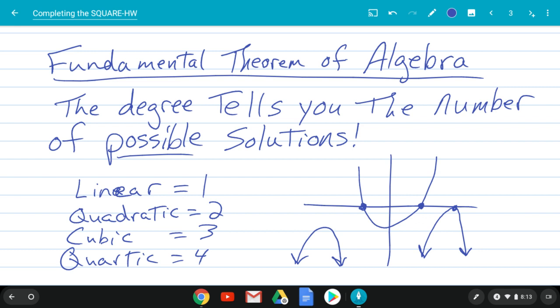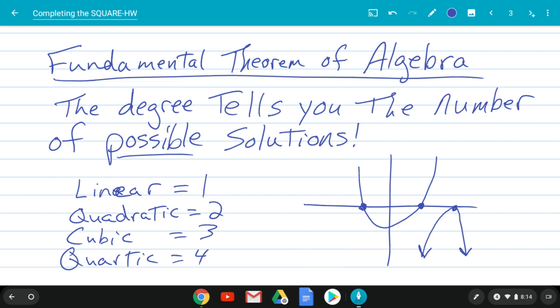Hey, so what you're telling me is that the solution, no matter what kind of equation I'm given, the solutions, in air quotes, are where the graph crosses the x-axis? Yes, always. That's why they're always called solutions or zeros or roots or x-intercepts. Okay, that's cool.